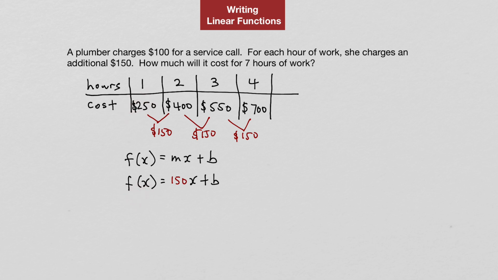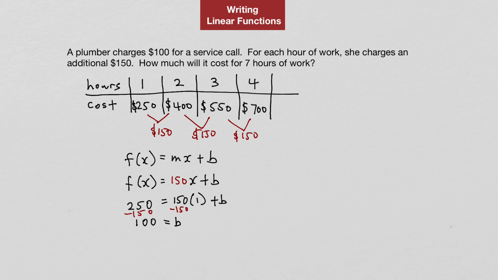So that would look like this. 250 is equal to 150 times 1 hour plus b. Okay, and then if we were to solve for b, we'd see that b is equal to 100. And how do we know that? If we subtract 150 from both sides, we get 100 for b.